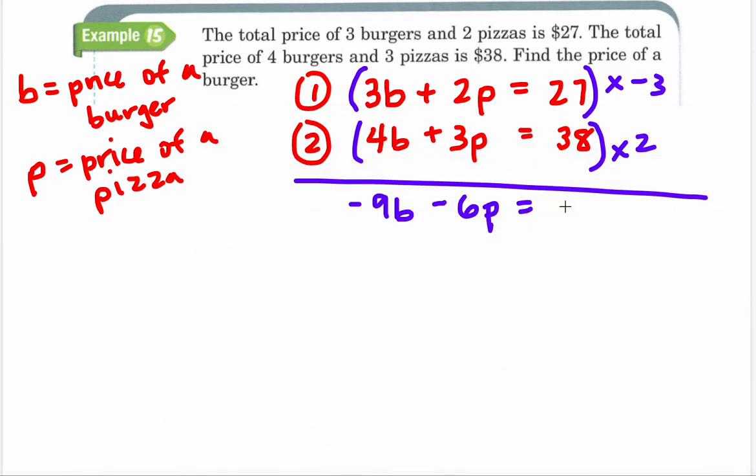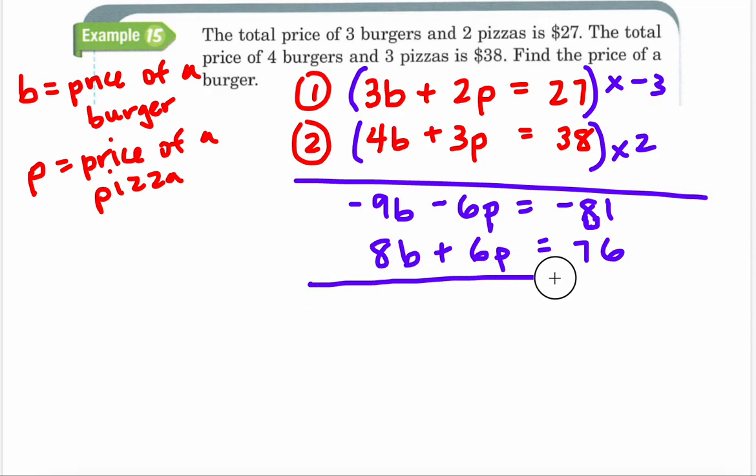So that's going to be a -81 because one's positive, one's negative. And then let's do our second one. Just multiply by 2. So we have 8b plus 6p equals 38 times 2, which is 76. Yes. Now I can stack them together and add them together.